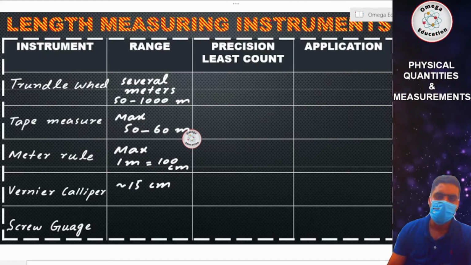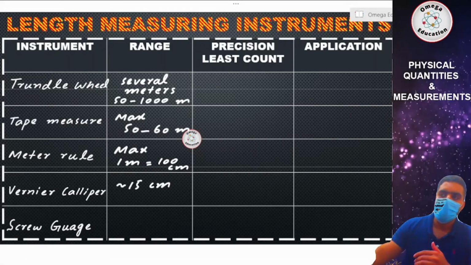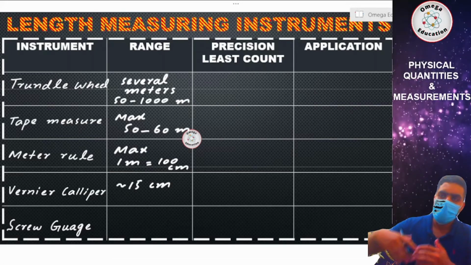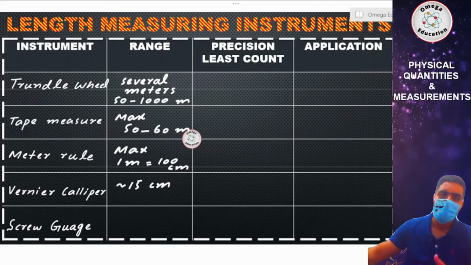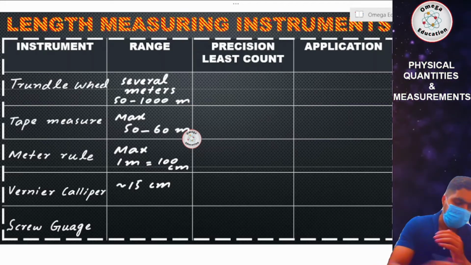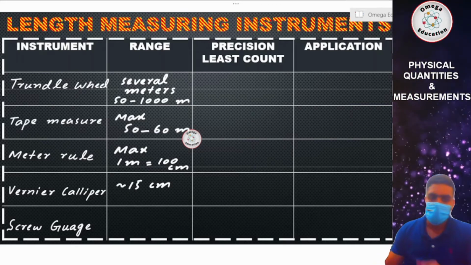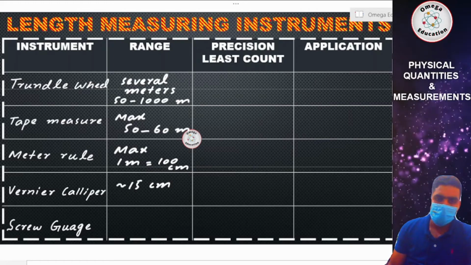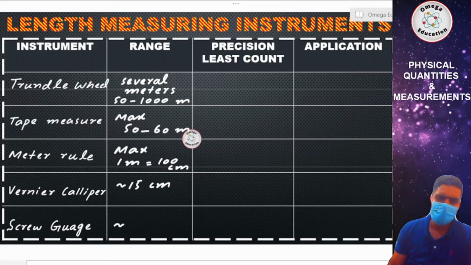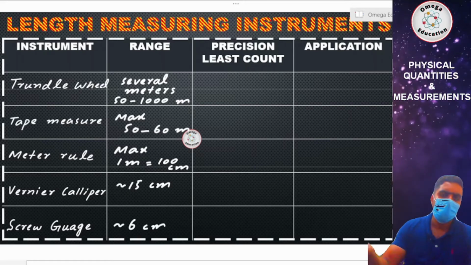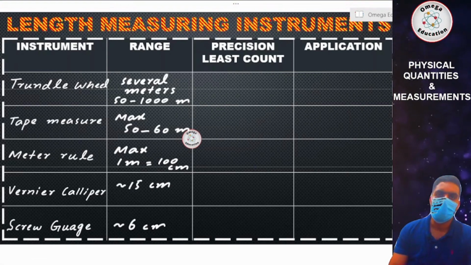When you say the word range, like what is the range of this thing, it itself means what is the maximum value that it can cover or measure. Now for the screw gauge, the maximum is 6 to 8 centimeters. So once again, it's used to measure very small objects.